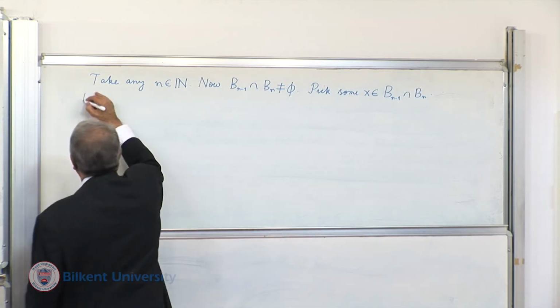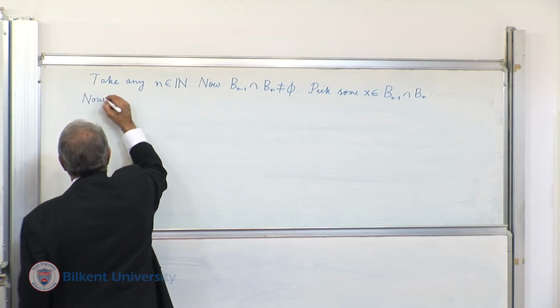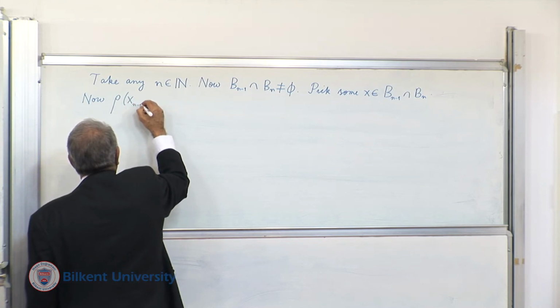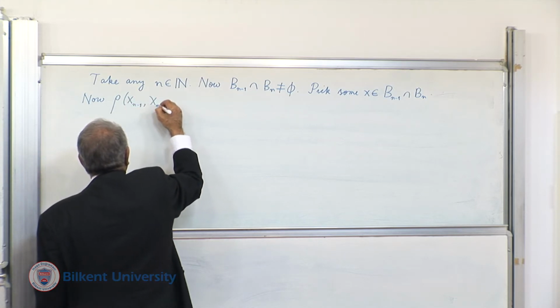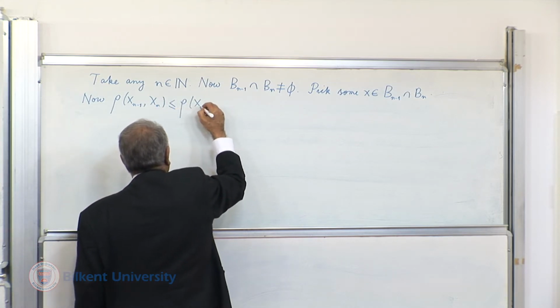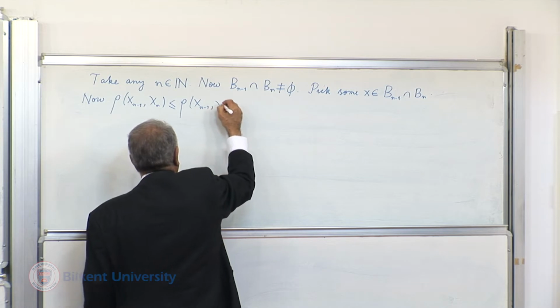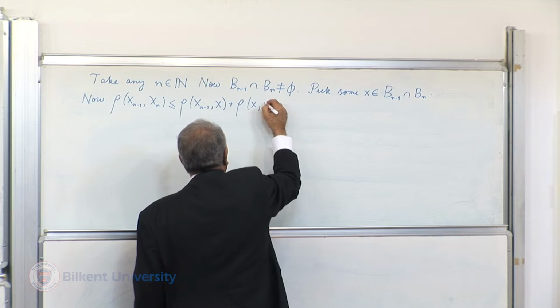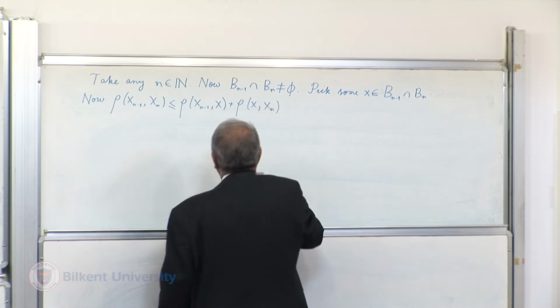Now, rho of x sub n minus 1, x sub n is less than or equal to rho of x sub n minus 1, x plus rho of x, x sub n.